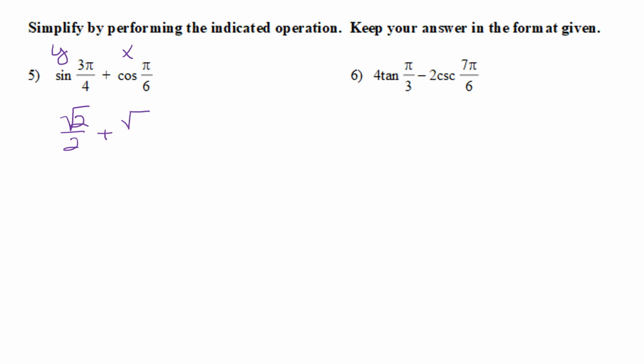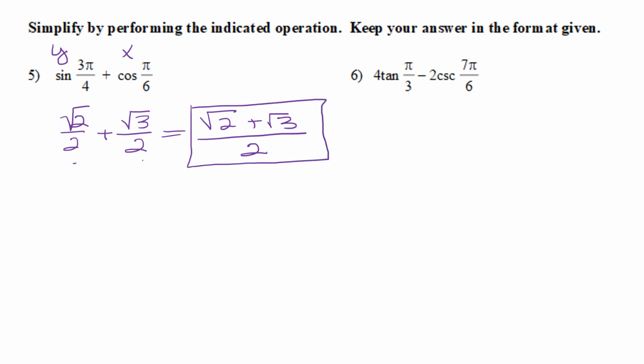That would give me square root of 3 over 2. In this case, both of my fractions have the same denominator, so I can add the two numerators together and put them over that common denominator to give me the square root of 2 plus the square root of 3 all over 2. You cannot add those two radicals together because they have different radicands, numbers under the house, and they're in simplified form already.